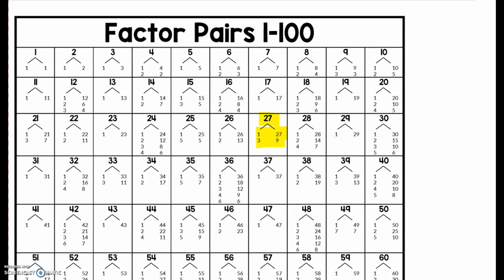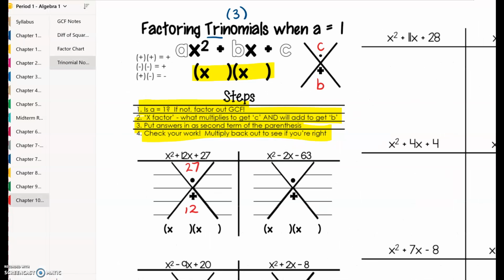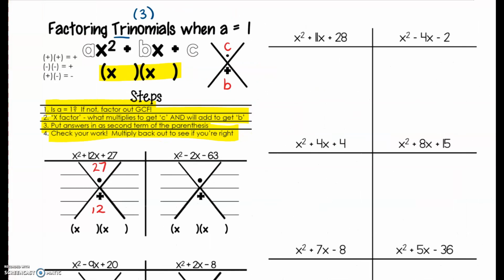Well, there's only two options: 1 and 27, and 3 and 9. If you look at those pairs, the only two numbers that add to give me 12 would be 3 plus 9. So when I fill in my X chart and find my X factors, I am going to fill in a positive 3 and a positive 9.